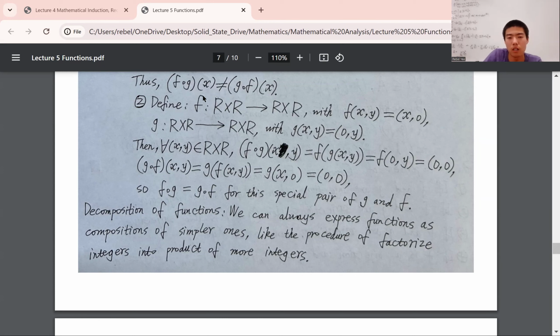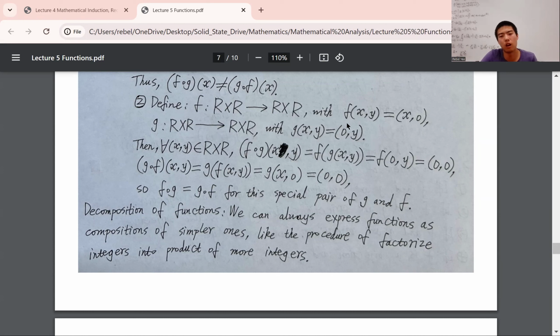So let's do f, going from the two-dimensional real line, where an xy coordinate is transformed to another xy coordinate, and g is transformed from the same thing. In this case, what f does is transform xy to x0, and what g does is transform xy to 0y.